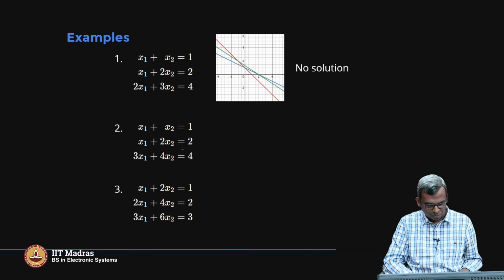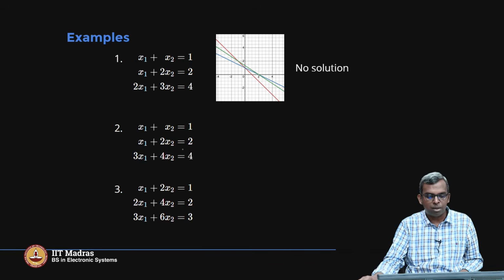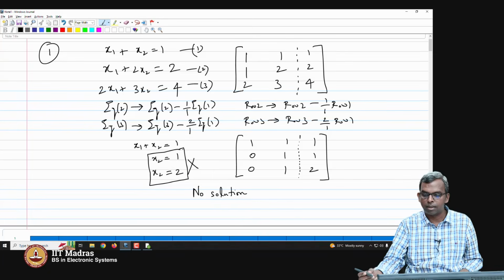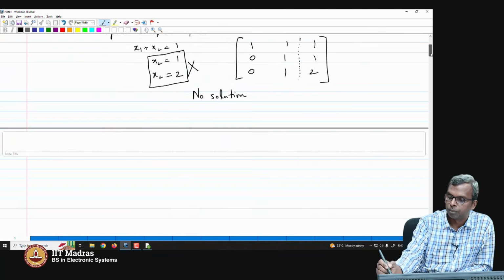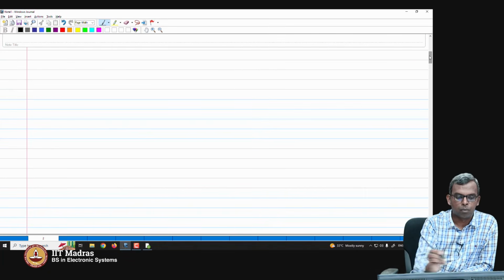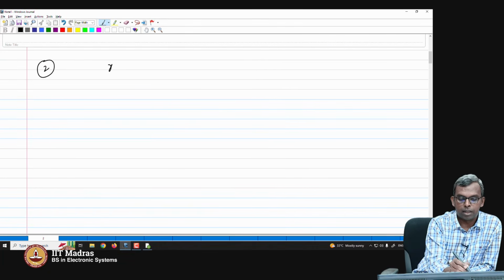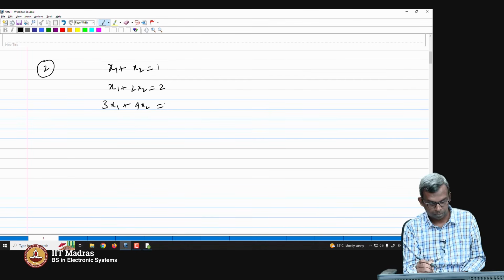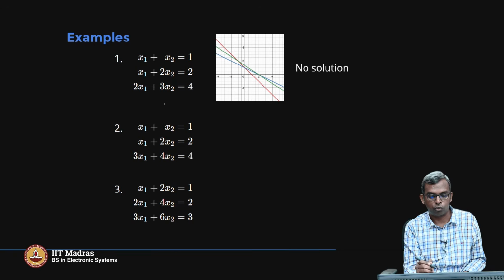Hopefully you saw that. Okay, the next one is very similar, except the third equation becomes 3x1 plus 4x2 equals 4. So let's try and solve that. The second problem is x1 plus x2 equals 1, x1 plus 2x2 equals 2, 3x1 plus 4x2 equals 4.